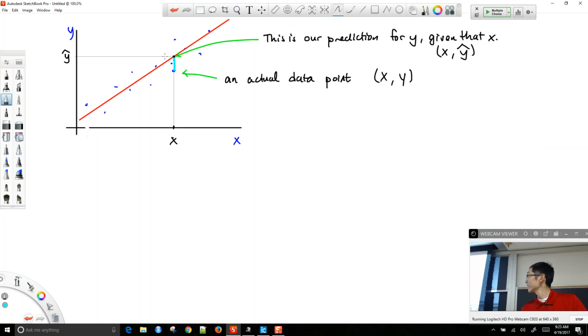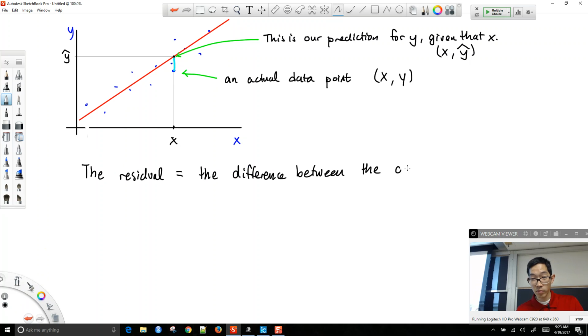Okay, so this distance is the residual. The residual is equal to the difference between the actual value and the predicted value.